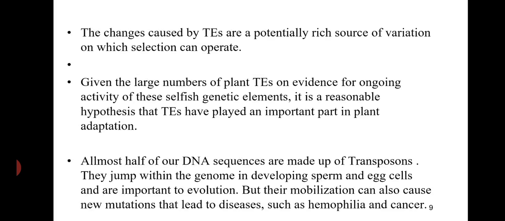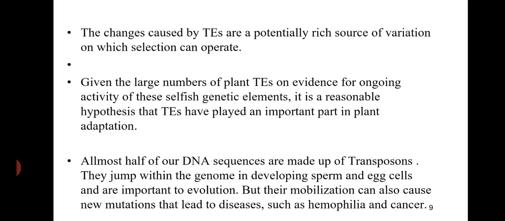As we discussed in the first lecture, the transposable elements in maize are the Ac and Ds elements, the activator and dissociator factors, that are responsible for the purple color or colorless kernels in maize.